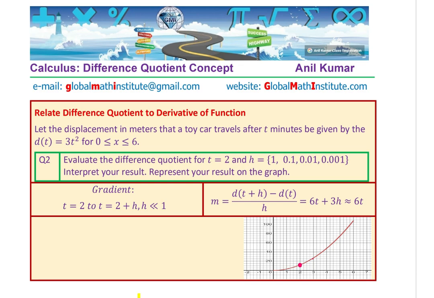So this was a secant line. As I brought this point closer and closer, it actually became a tangent. Do you see that? So the secant approaches the tangent.